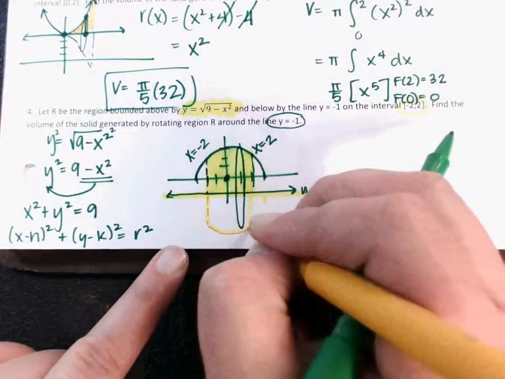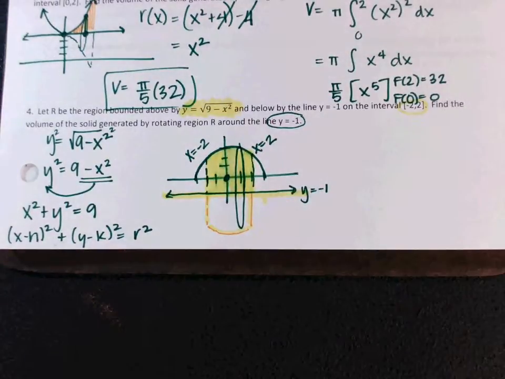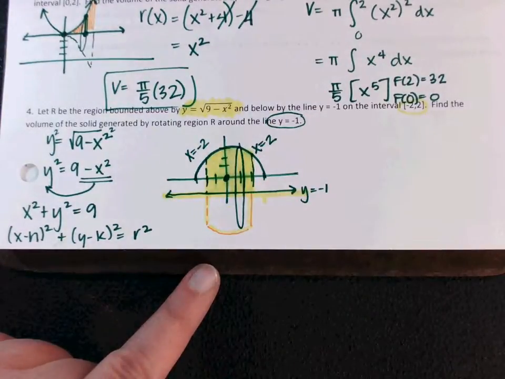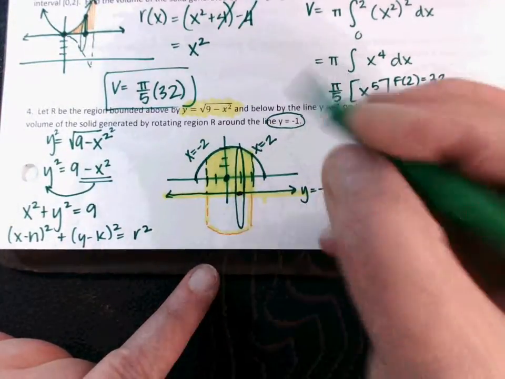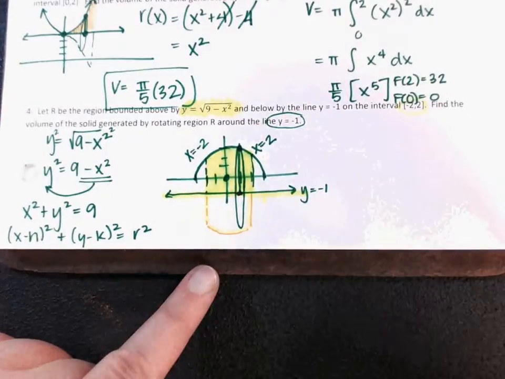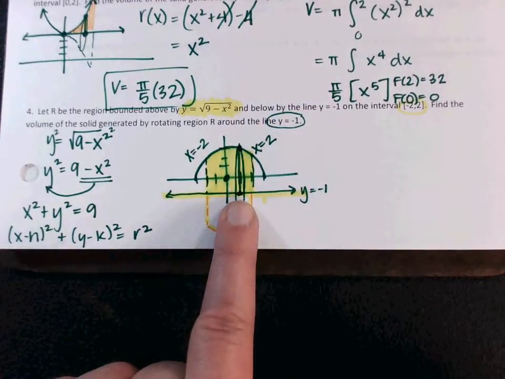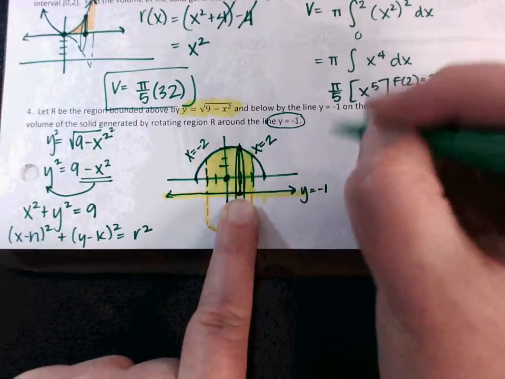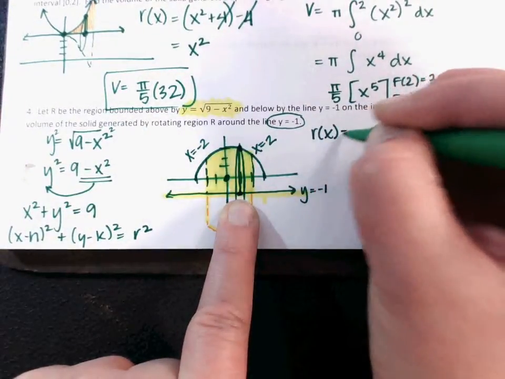If you can understand it without drawing it, I'm fine with that. They're not going to grade your picture. Where do you put the radius, the line? The radius should always extend from the center to the outside border. So in this case, my center is -1, and my outside border is the semicircle. And that's going to be the same thing as your r of x.